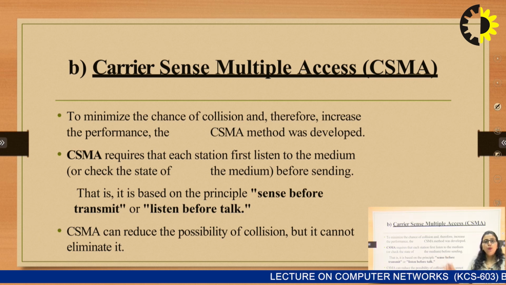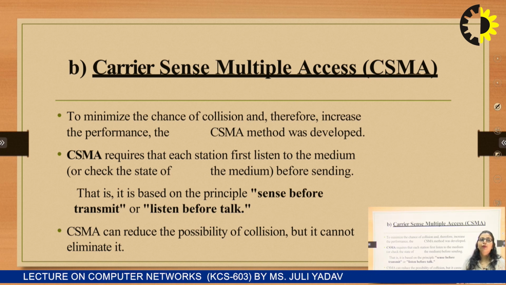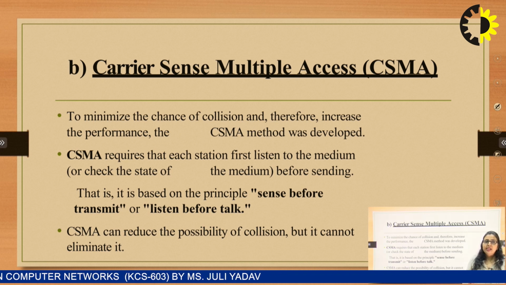So to improve pure Aloha and slotted Aloha, the next is carrier sense multiple access, that is CSMA. To minimize the chances of collision and therefore increase performance, CSMA was developed. CSMA requires each station to first listen to the medium and then send the data.